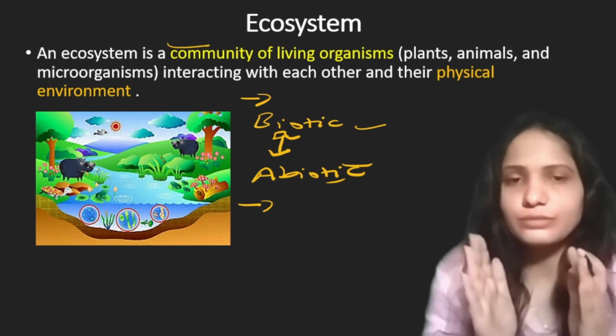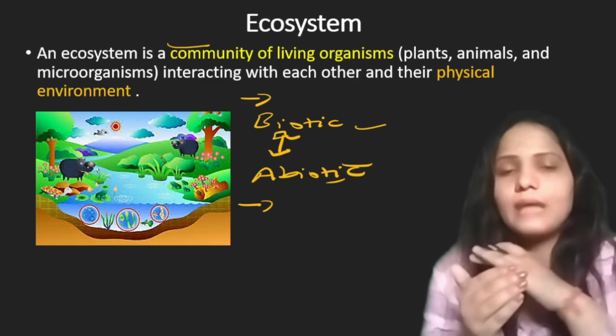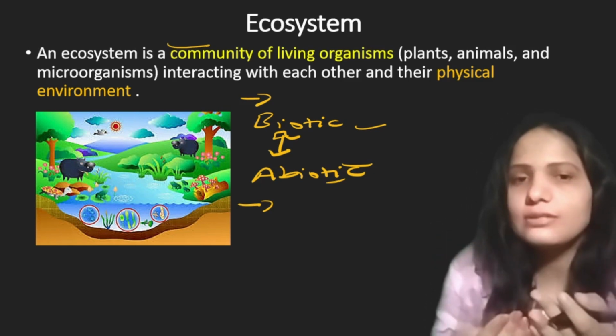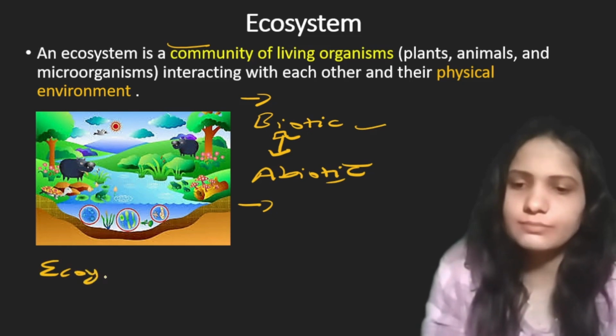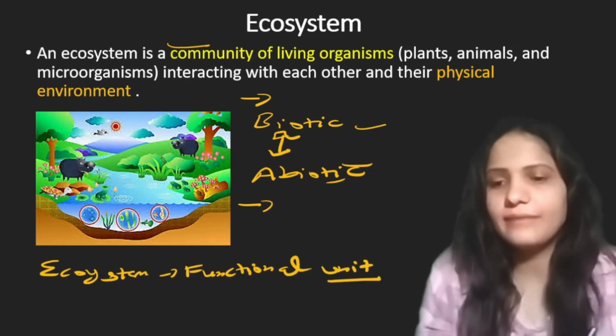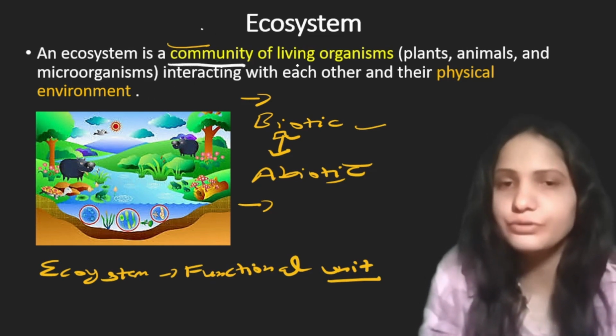This interaction between different organisms and between different organisms and their surrounding is known as ecosystem. Ecosystem is the functional unit of environment. If we try to understand the definition of ecosystem, what is ecosystem? Ecosystem is a community.